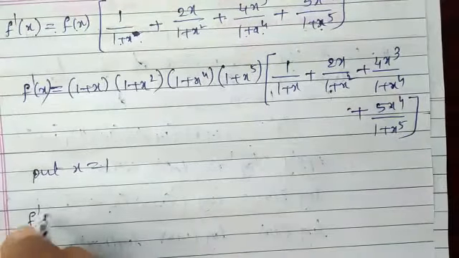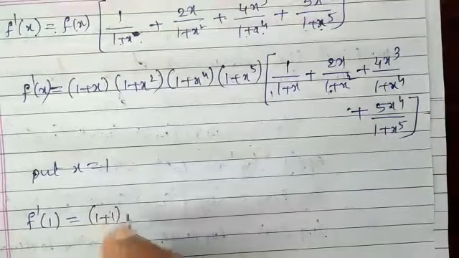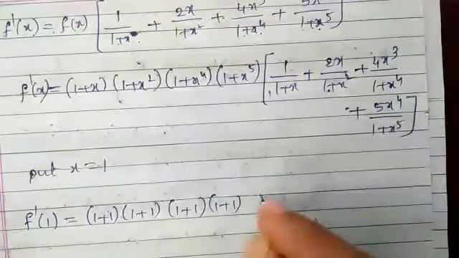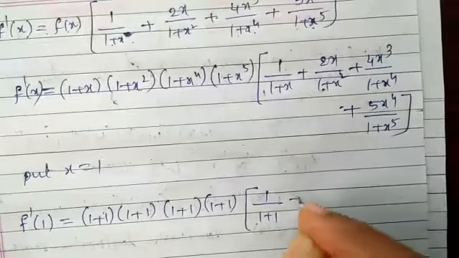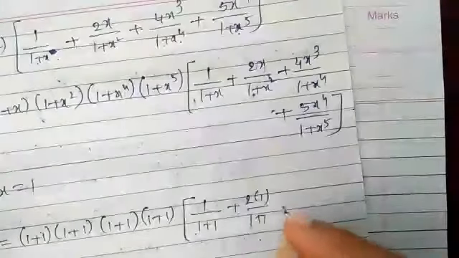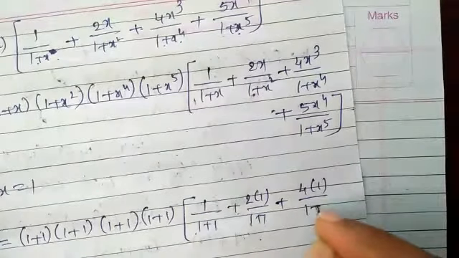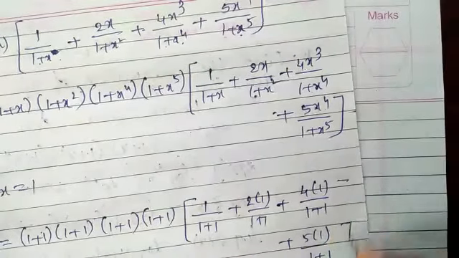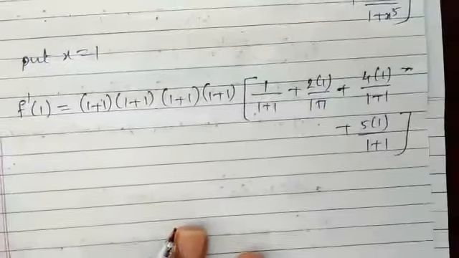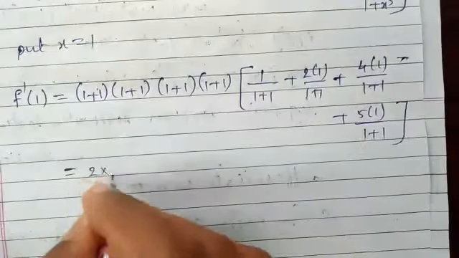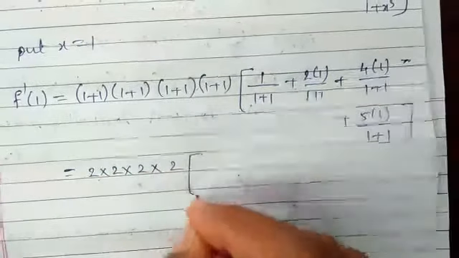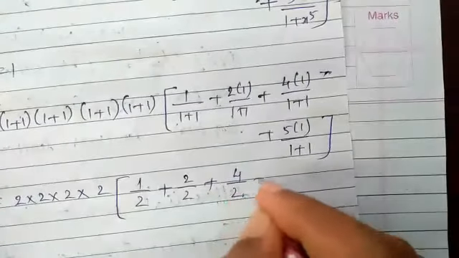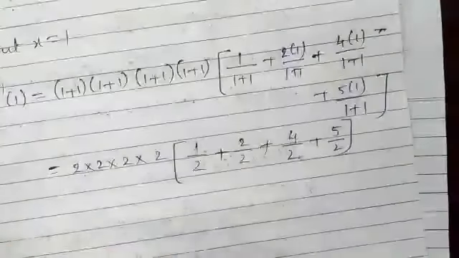Put x = 1, so f'(1) = (1 + 1)(1 + 1^2)(1 + 1^4)(1 + 1^5), times the bracket of 1/(1 + 1) + 2/(1 + 1) + 4/(1 + 1) + 5/(1 + 1). 1 + 1 is 2, so 2 into 2 into 2 into 2, bracket of 1/2, 2/2, 4/2, 5/2.